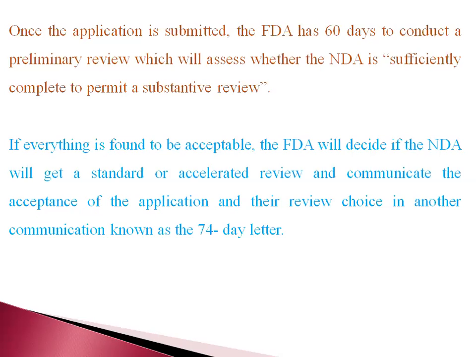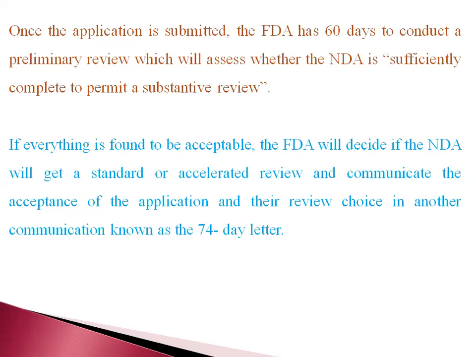If everything is found to be acceptable, in that case, FDA will decide whether to approve the drug or not. Okay. The NDA will get a standard or accelerated review, and FDA will communicate the acceptance of the application and review choice in another communication known as the 74-day letter. So in this case, they will check all the related data.